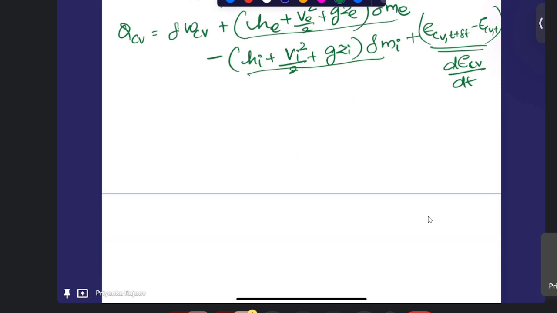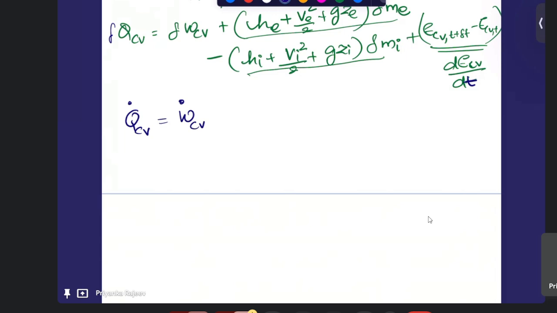So now the final equation will be like this: QCV equal to WCV. I am taking all the changes, this was delta QCV, as some sort of rate of change with respect to time.